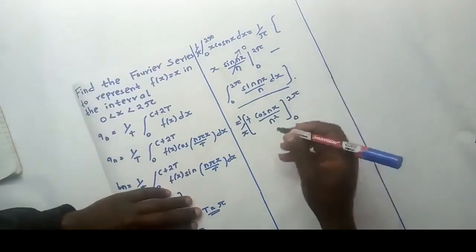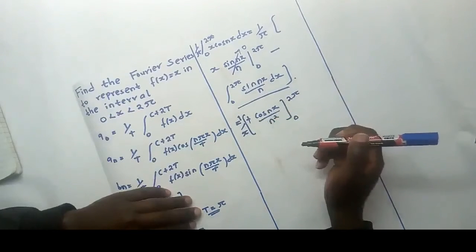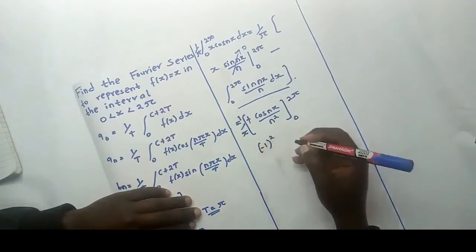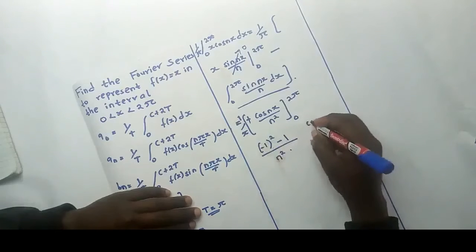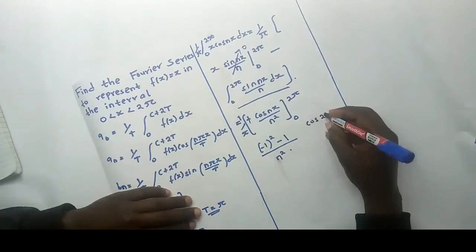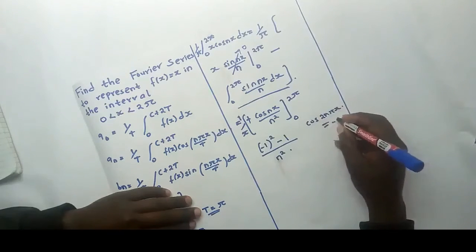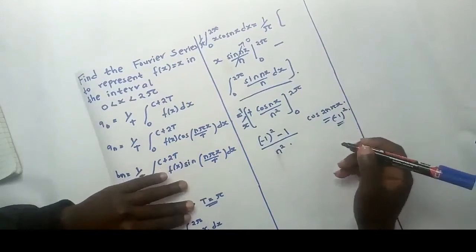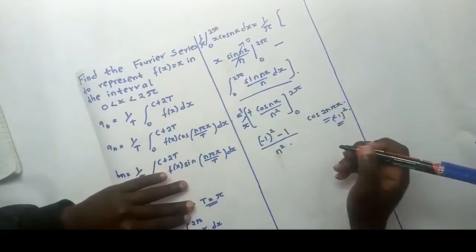And when we insert 2 pi inside cos nx, we have cos 2n pi, and that is just 1, minus 1 over n squared, because cos 2n pi is just 1.